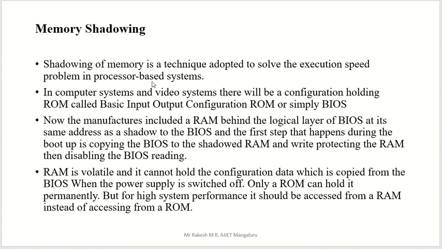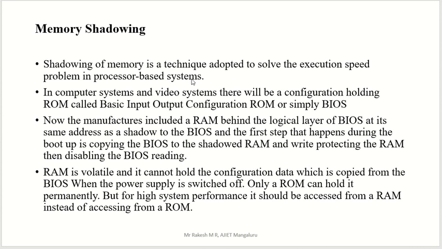Then we have one concept called memory shadowing. Shadowing of memory is a technique adopted to solve the execution speed problem in processor based systems. Here is the problem: in the previous slides we saw RAM and ROM. RAM is random access memory, ROM is read only memory.